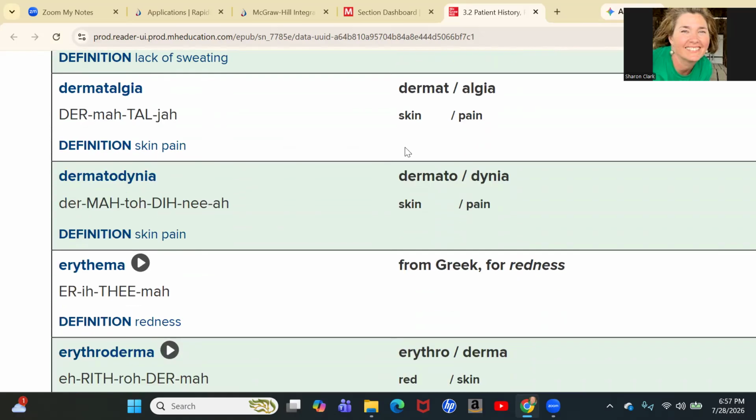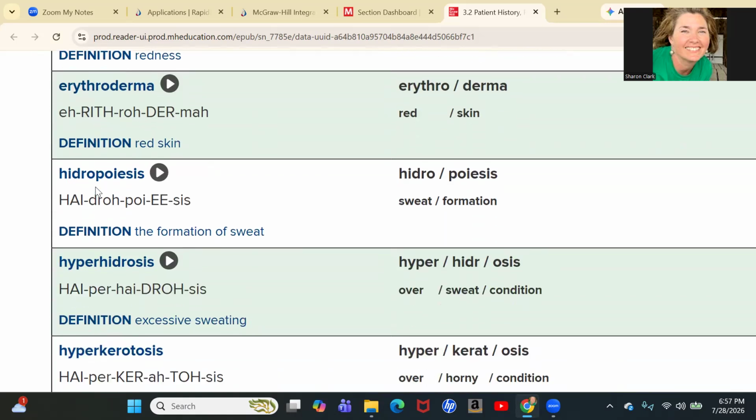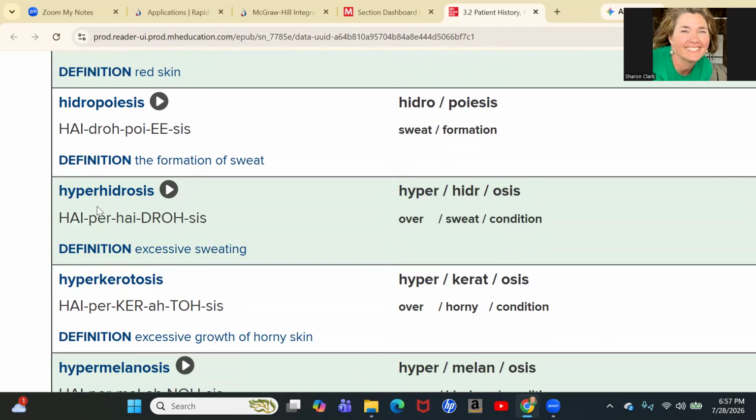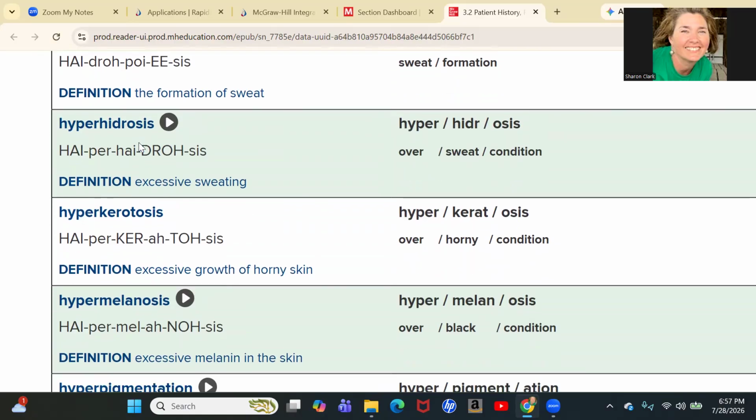Dermatalgia, skin pain, and also you see how it's broken down here. Skin pain, dermatodynia, dermatalgia, erythema, erythroderma, hydropoiesis. Okay, never, ever be afraid of medical terms. Break them down into their parts.